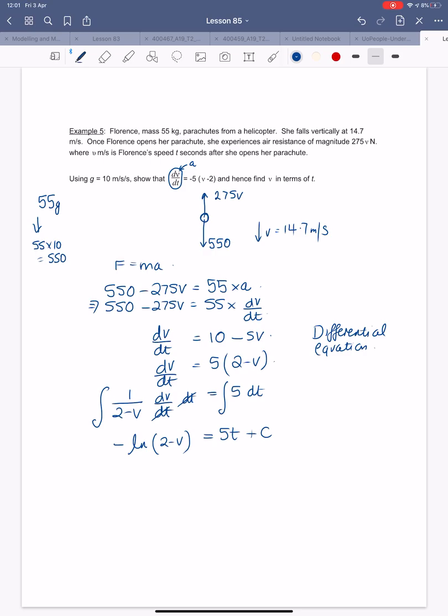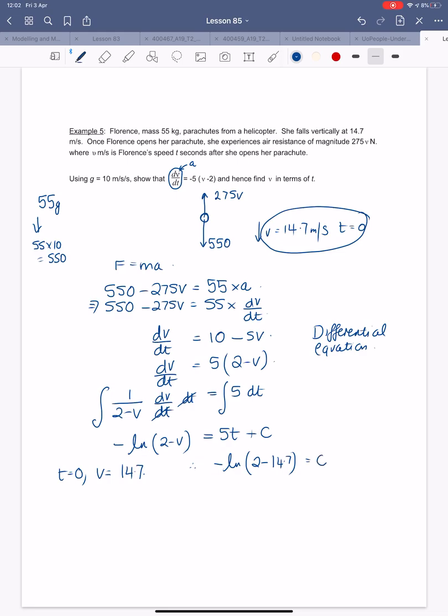Okay, I want velocity, so when t equals 0, v is 14.7. So therefore, minus ln, yeah, I don't like this because we've got 2 minus 14.7, and you can't take lns of negative numbers, equals c.